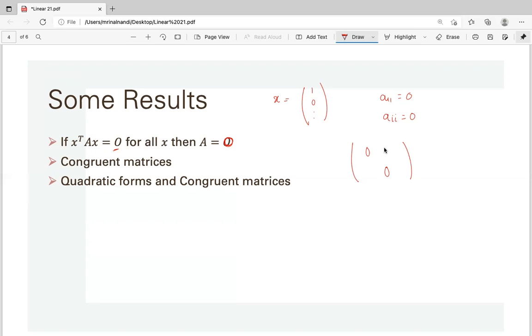Say some element is non-zero. If we take, say, x transpose as 1 1, or you can take 1 1 0 also.